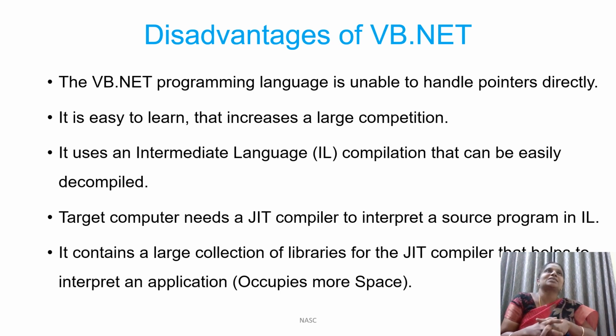It contains a large collection of libraries for the just-in-time compiler to interpret the applications, because we have an enormous collection of files and each file occupies more memory. So we can consider this a difficulty, but compared to the advantages, these disadvantages are not going to affect the quality of the software product.